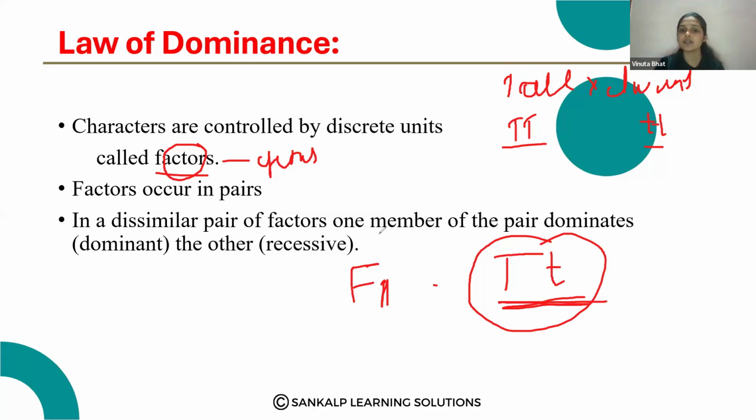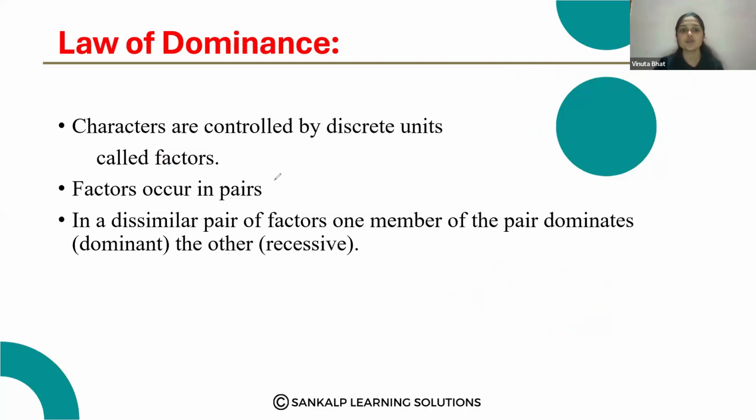One member of the pair dominates the other. Here capital T dominates small t, so the capital T character, tall, is expressed, and the small t character is suppressed. So capital T is called dominant and small t is called recessive. This is the law of dominance proposed by Mendel.